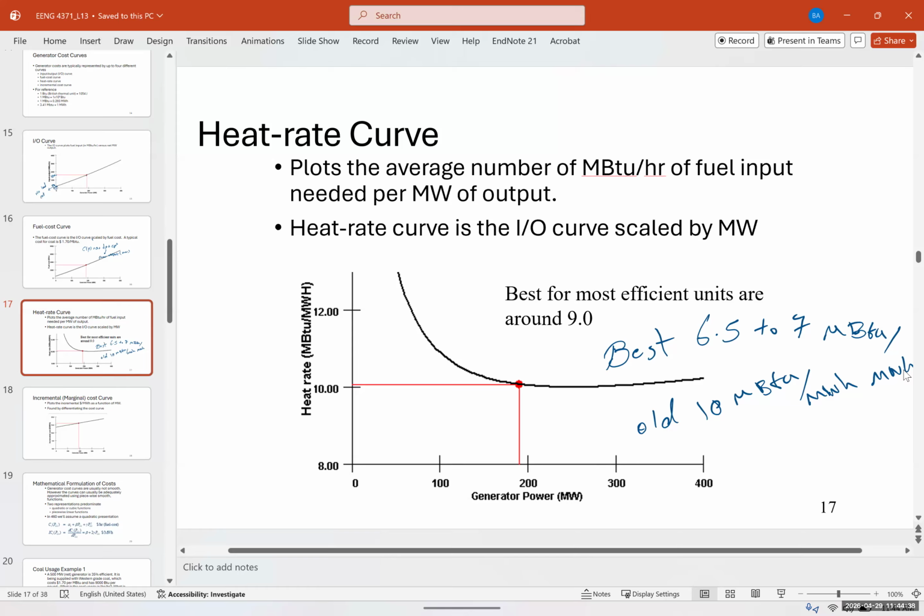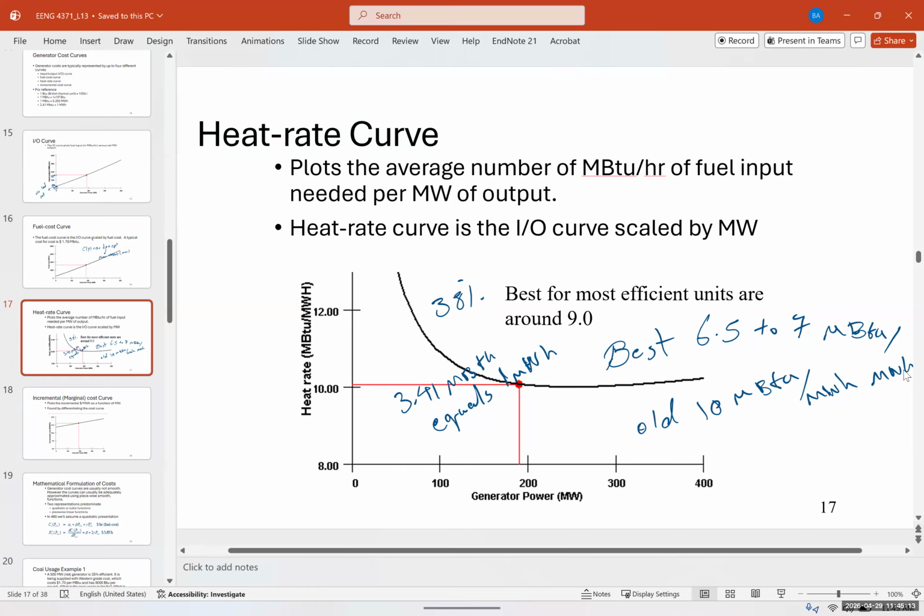Now, the slide we have shows values around 9 MBTU per megawatt hour. And this corresponds to a thermal efficiency of about 38%, since 3.41 MBTU equals 1 megawatt hour.